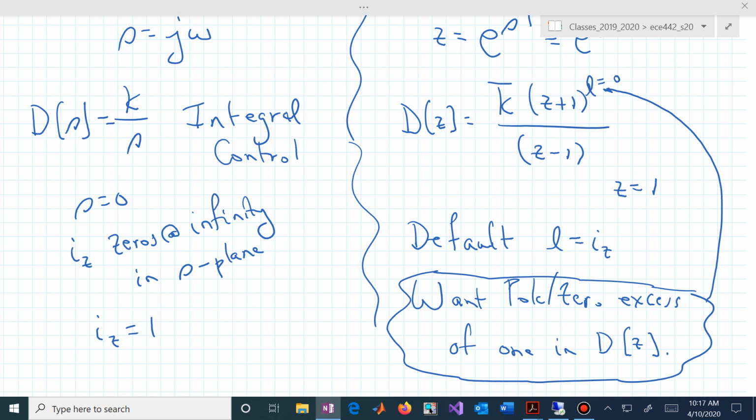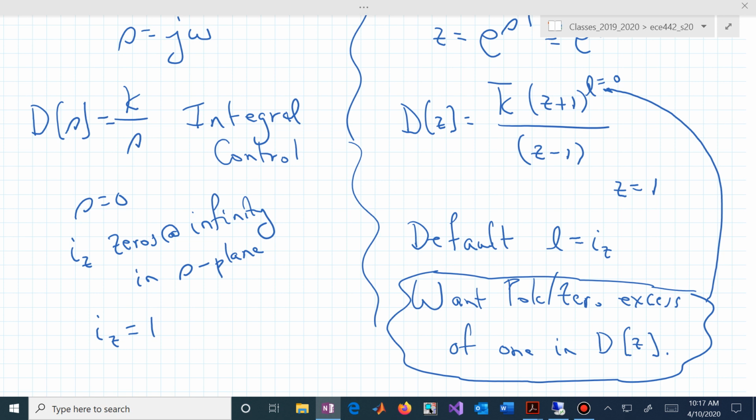So that then, if somebody says, I want the pole zero excess of D of z to be some value, then you have to adjust what this L is equal to, that is determining how many of these z plus 1 factors you have in your discrete equivalent.